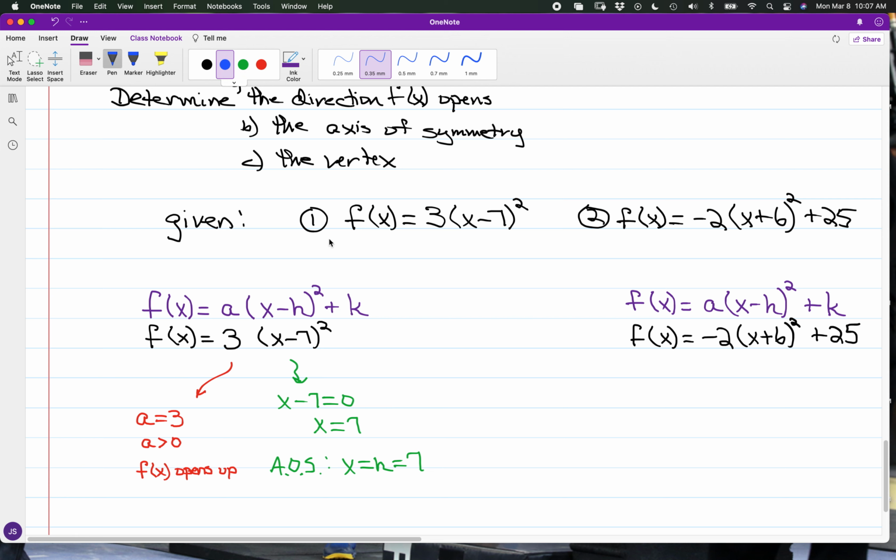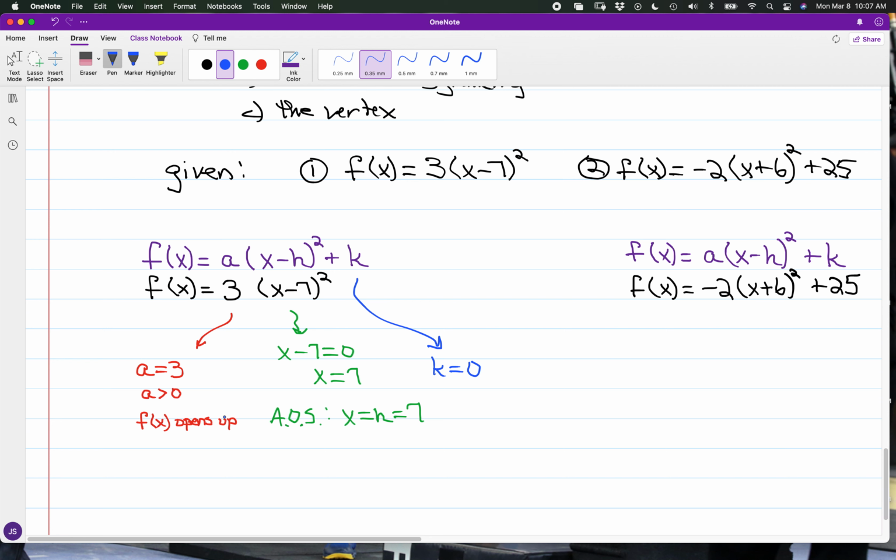And for what represents k, notice you don't have anything added or subtracted, and since there is a void, k is equal to 0. So the graph opens up, the axis of symmetry is at x is equal to 7, and the vertex is going to belong on the x-axis at 7, 0.